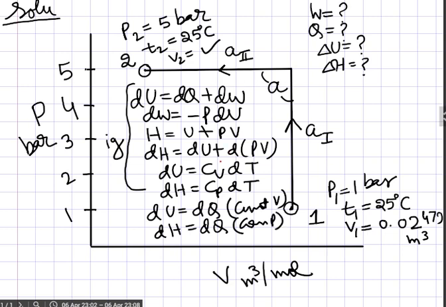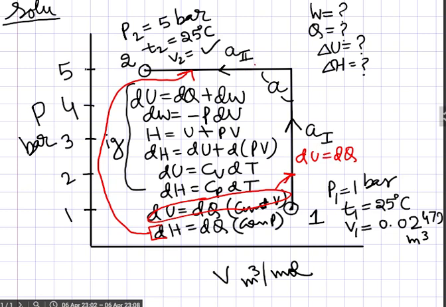So this is for constant volume. This formula will be valid only for this line, and this formula will be valid only for this line. I mean to say that here dU = dQ, and here dH = dQ, and all these 6 formulas will be valid for all the paths, the same formulas will be applied here also.